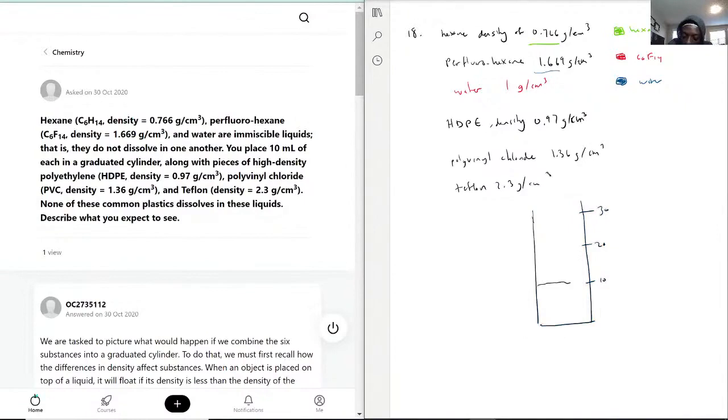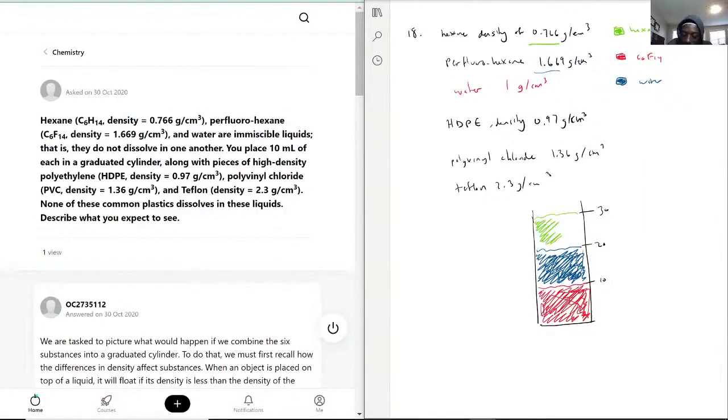The first one at the 10 mark would be C6F14, perfluoro-hexane. That's all the way at the bottom. Water will be the next one because that is 1.0 grams, which is greater than 0.766 grams per centimeter cubed. And the last one would be the hexane.